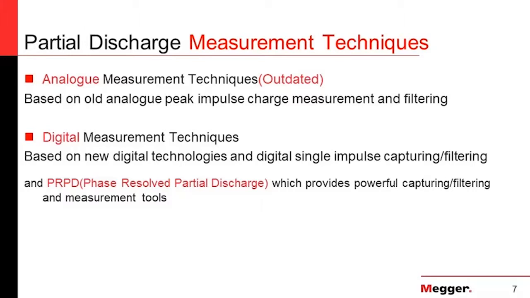By phase resolved partial discharge, we mean we capture any single impulse, and then we map or graph that single impulse against our voltage. That's called PRPD, which is used these days for partial discharge detection, measurement, and assessment.